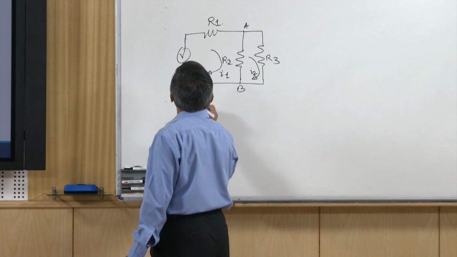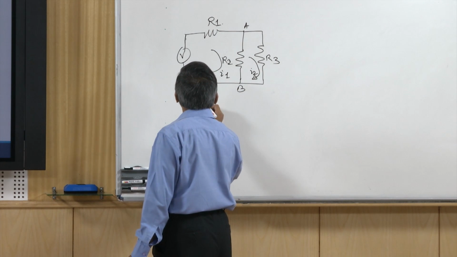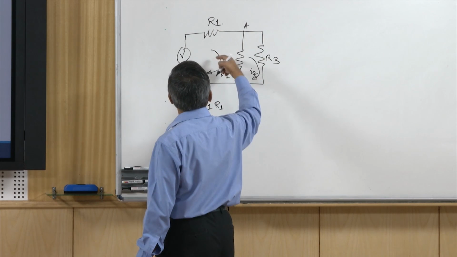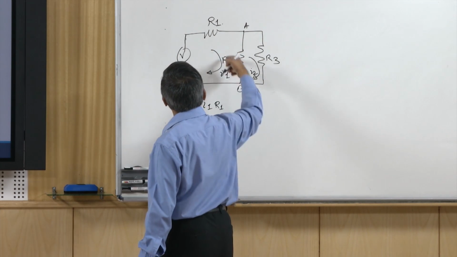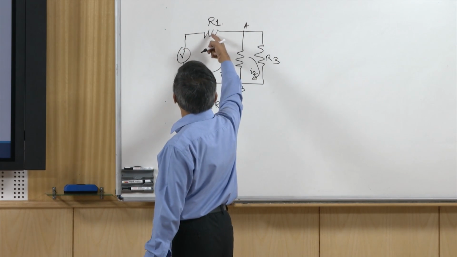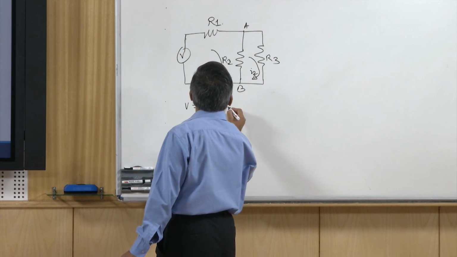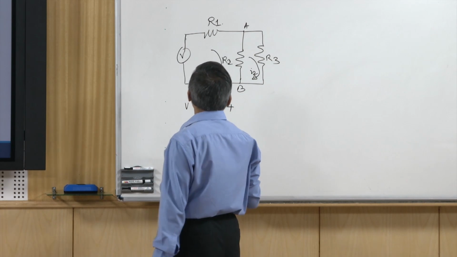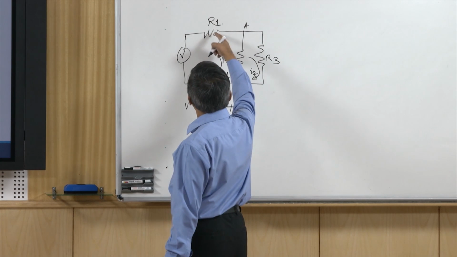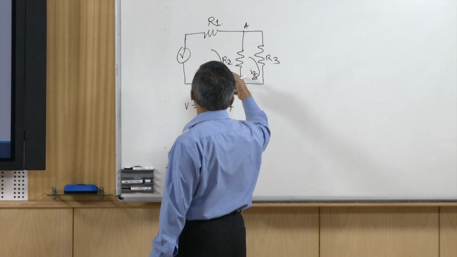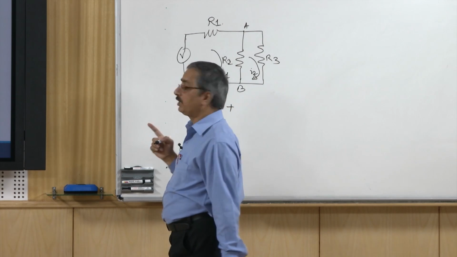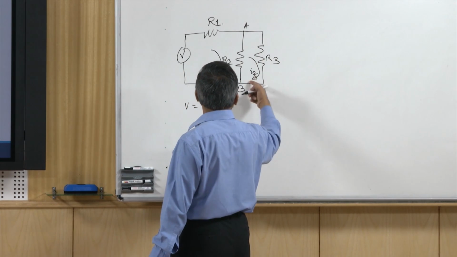If I write the expression for the first loop, it will be V is equal to I1 R1, because here we are considering I1 current to be flowing through all the elements. Plus, here you see that we are moving in this sense, and the current through this resistor, I1, we are taking as positive, and this current is I2.